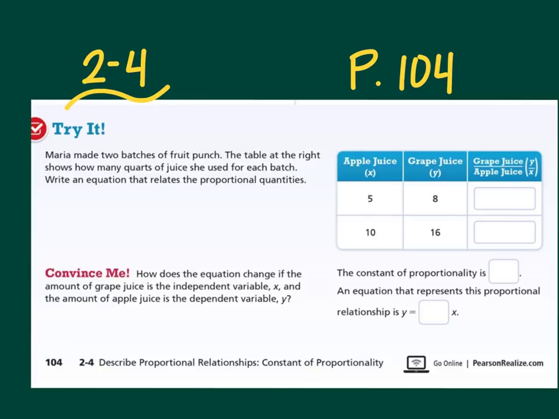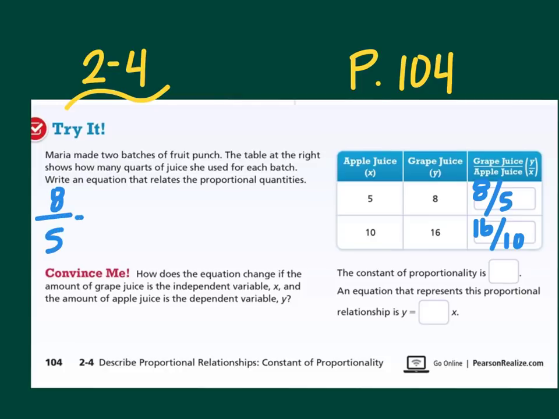Alright, so we have apple juice and grape juice. We're going to compare grape juice to apple, so the y to the x. So we'll say 8 over 5. In the second example, we have 16 to 10. Let's make those into decimals and see what we get.